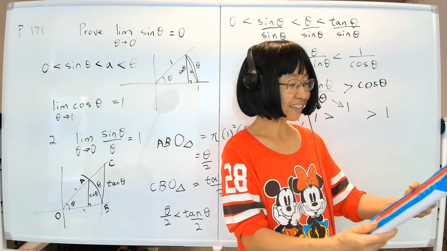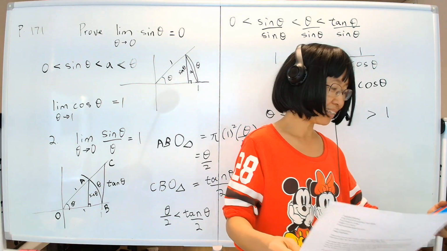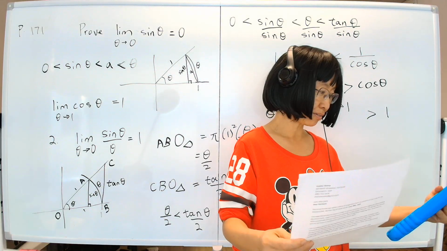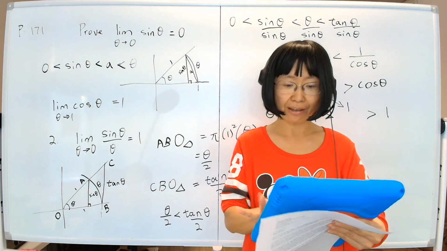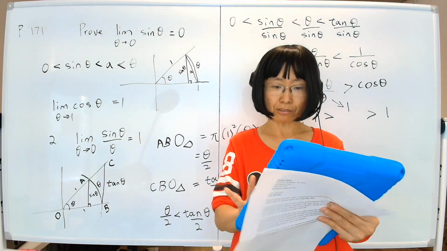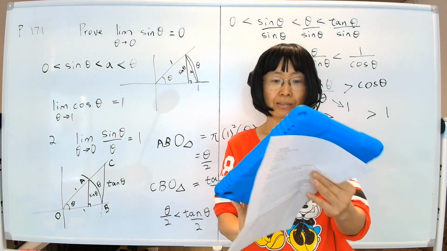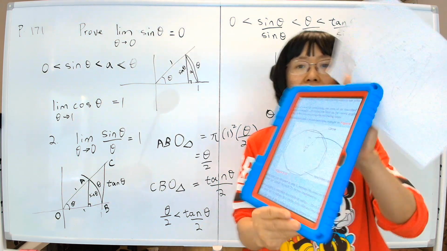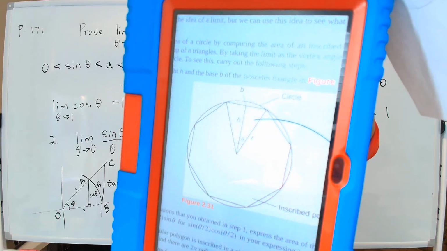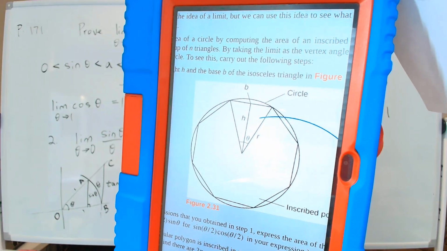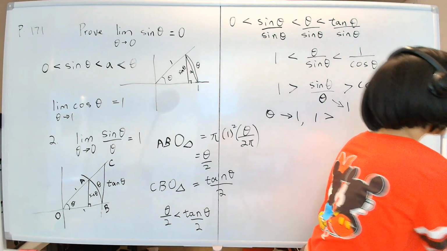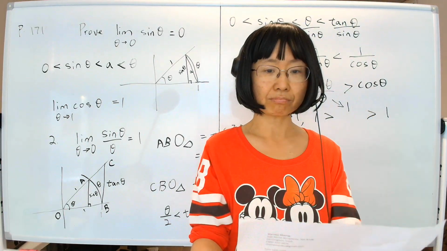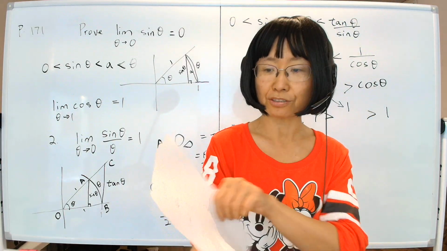But anyway, let's imitate Archimedes in doing this according to the book. To do it, first we have a graph here. I'm not going to draw it because it's more complicated. See, here is our graph. The only difference is the way I did it, I let theta equal half of it, just part of the triangle.